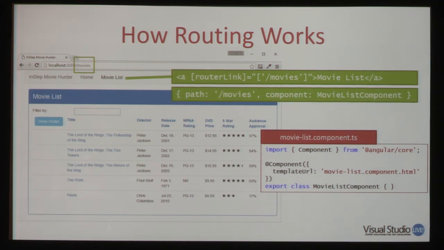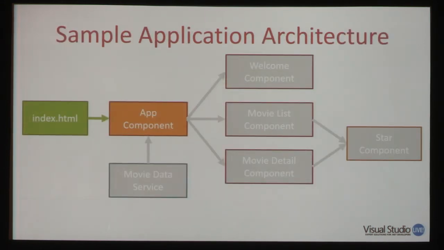When you go to the next page, it removes this from the router outlet and puts the other page inside that router outlet. So it just keeps removing and adding things to the DOM. Making sense? Okay, excellent.